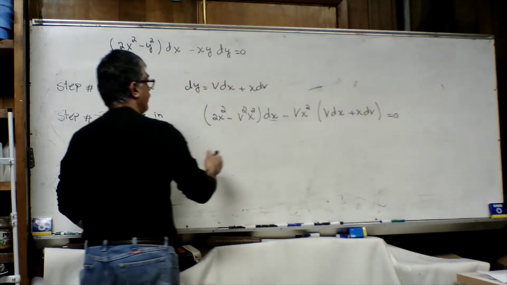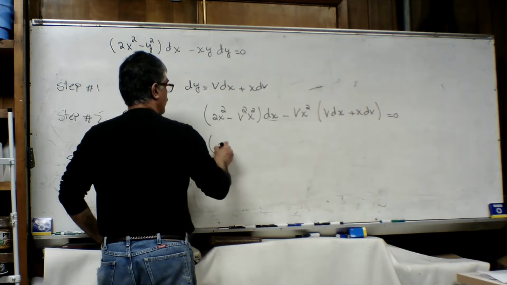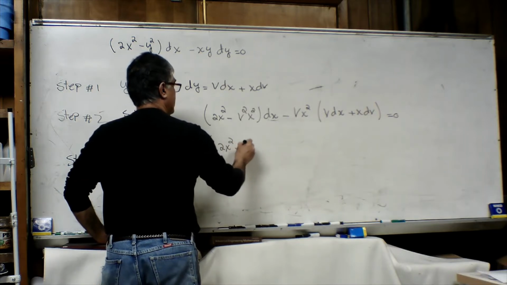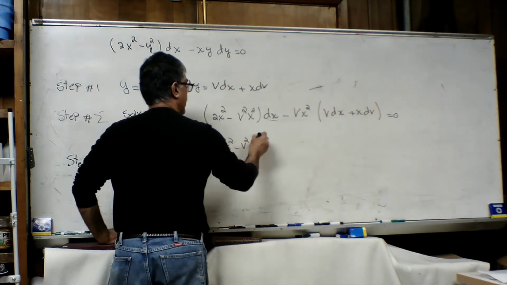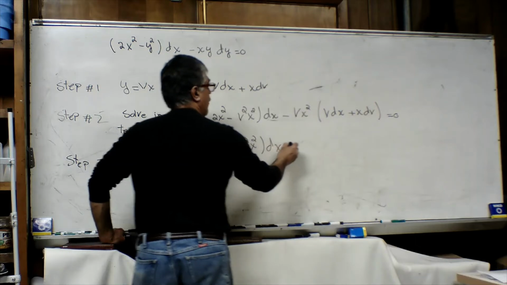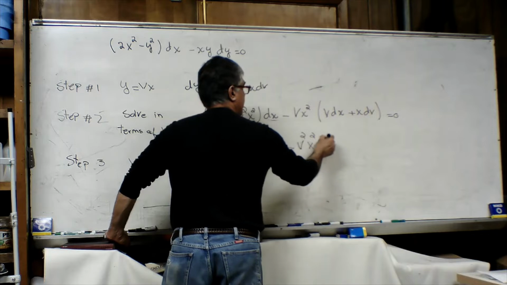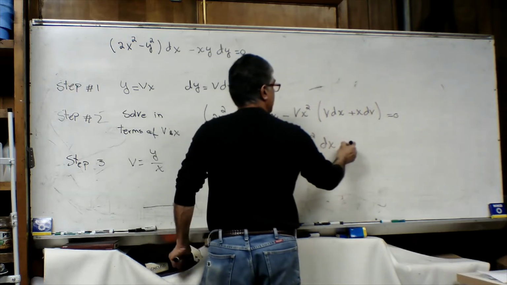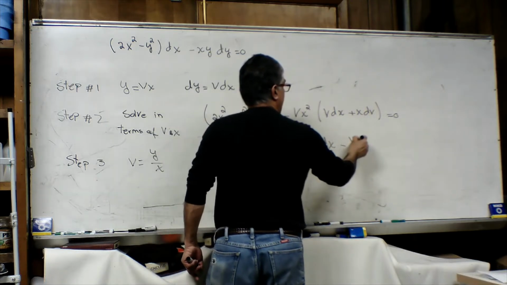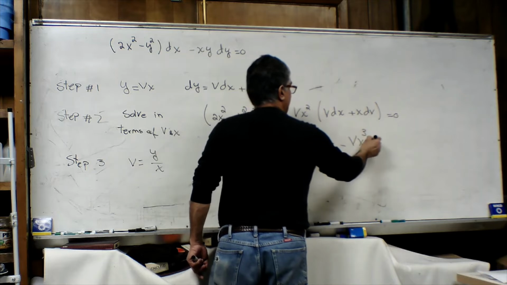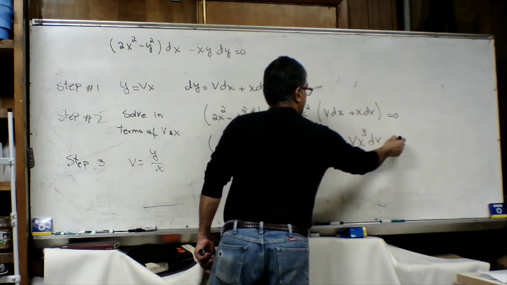If we simplify that, we are going to have 2x squared minus v squared x squared dx minus v squared x squared dx minus v x cubed dv equal to 0.